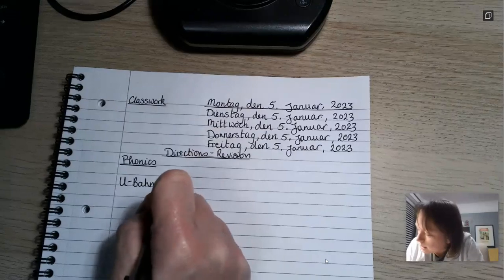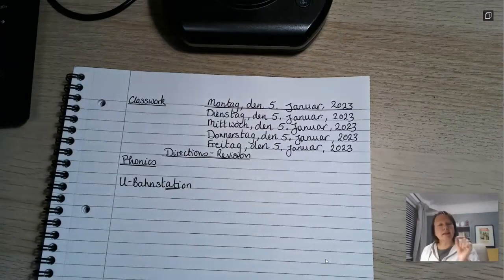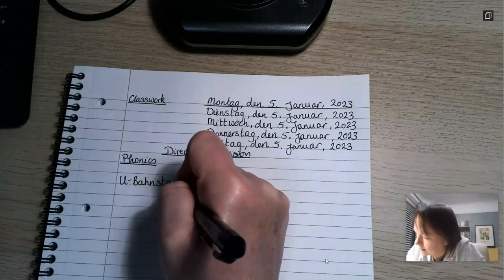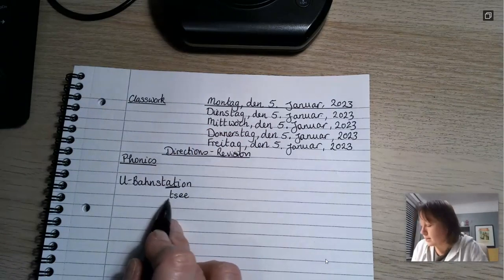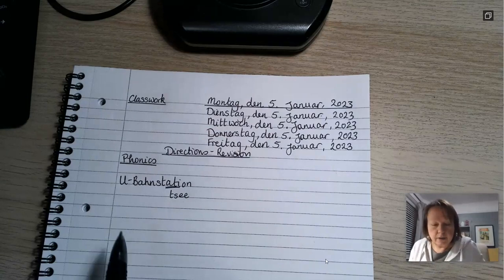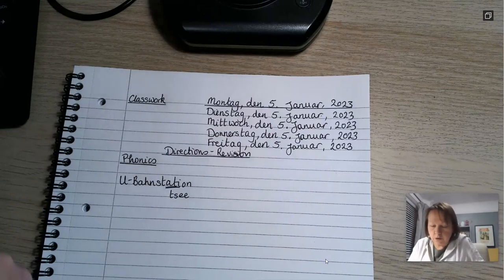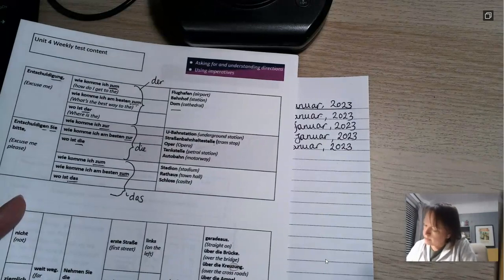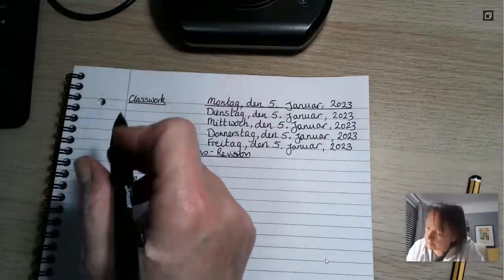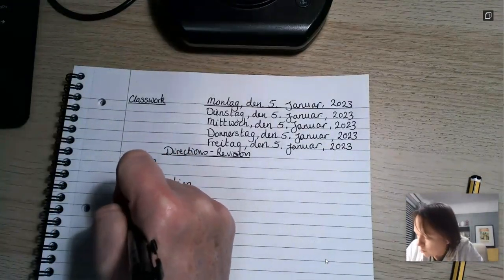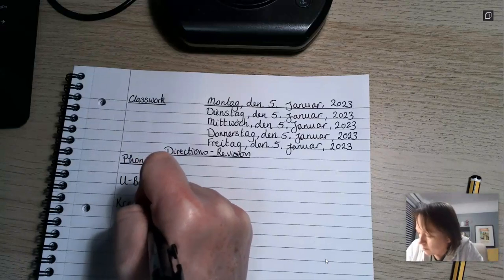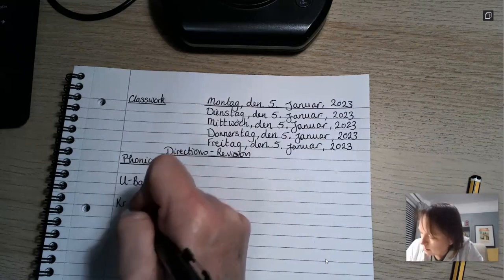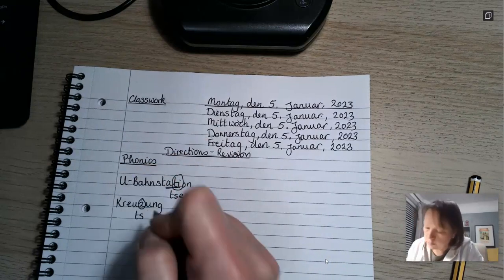And this is what I'm thinking of, okay? That T-I, stats, C. Okay, station. The other one I wanted to do from further down here was Kreuzung, which is the same effect. That Z is a TS. So Kreuzung, okay, tss, that's another tss sound.